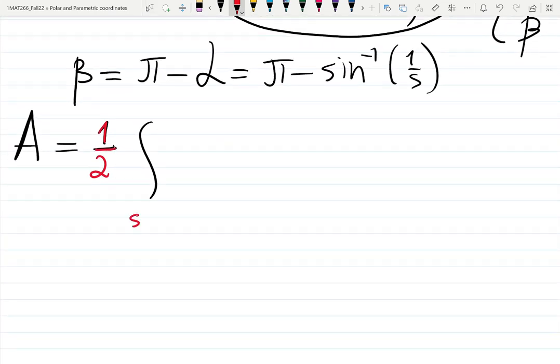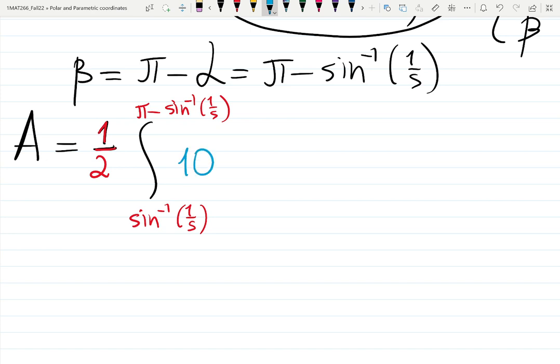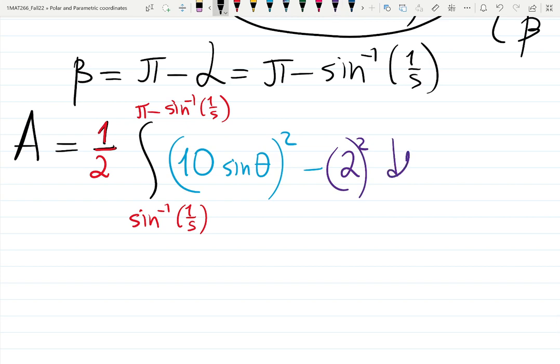So it's going to be original, and then pi minus original. R squared minus r squared. The big circle, 10 sine theta squared, minus the small circle, 2 squared, d theta.